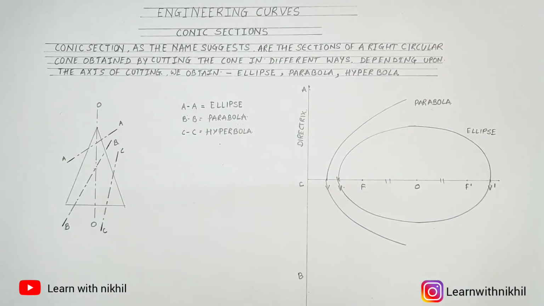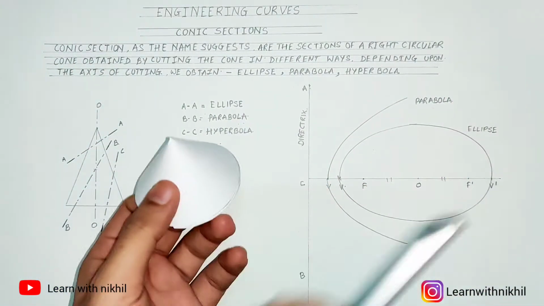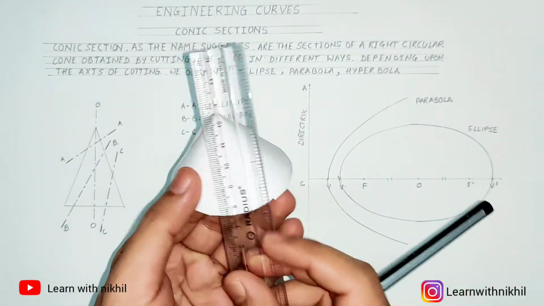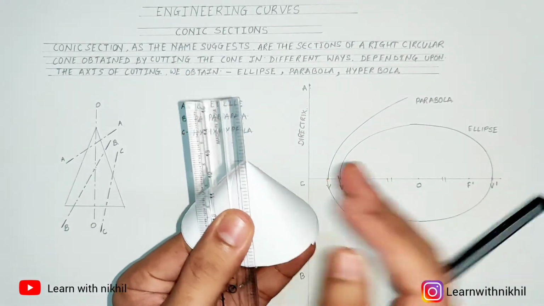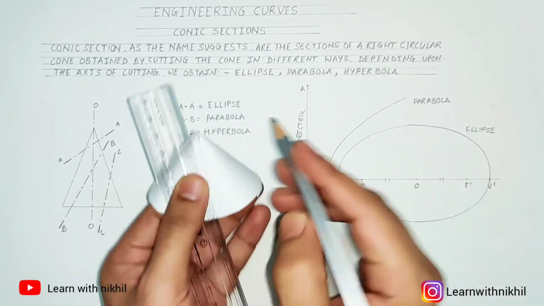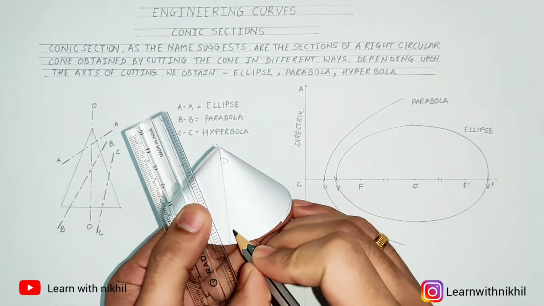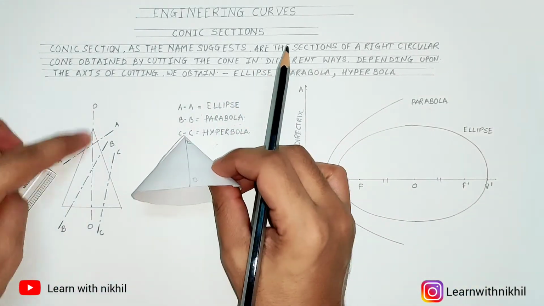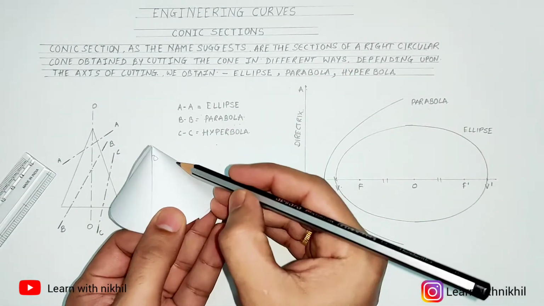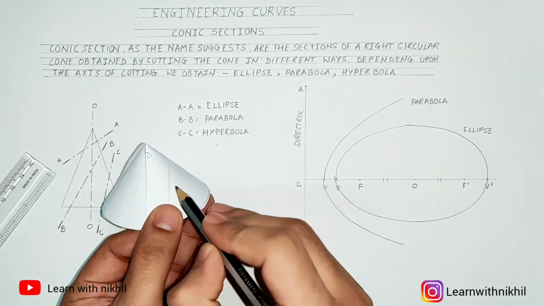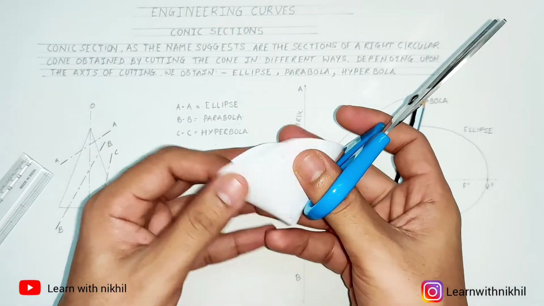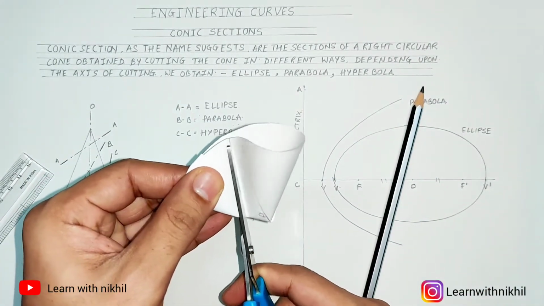Now for hyperbola, I'll again require the cone. The cutting plane for this is CC. Again I'll mark the center line. And as you can notice, the CC line of the hyperbola is after the center line of the cone. So see the cutting line of the hyperbola, it is after the center line. I'll cut through that line, that is CC dash or CC.